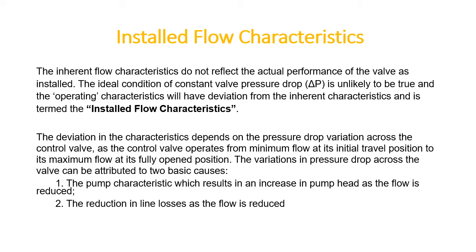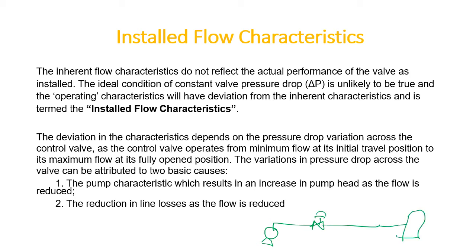Also, there are some other reasons for pressure drop variation. Maybe there will be a pump, and in the pump discharge we have the control valve, right? And then the line goes to some other process vessel.